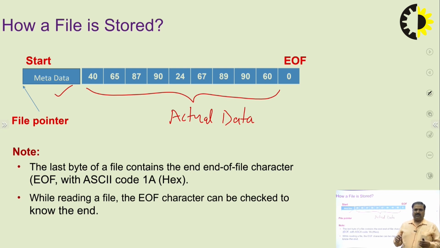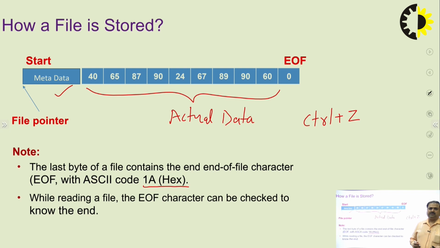We can directly use the keyword EOF, and it has an ASCII value of 1A in hexadecimal, and it can be represented with the use of Control plus Z. So Control plus Z creates the EOF character.